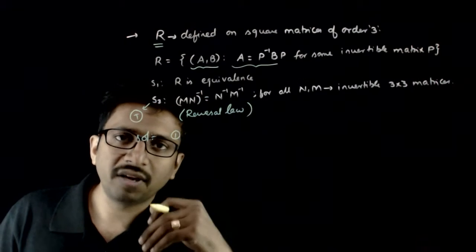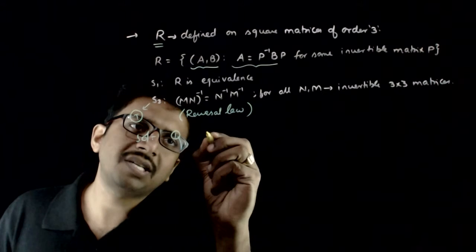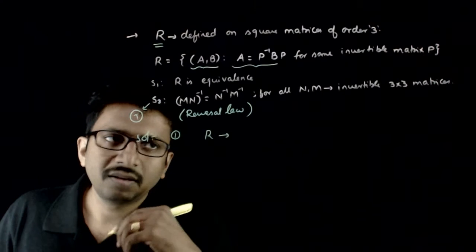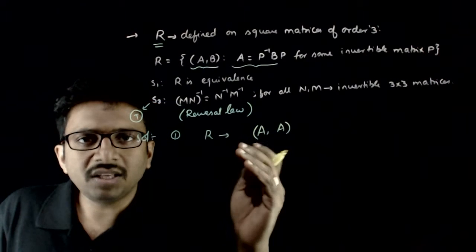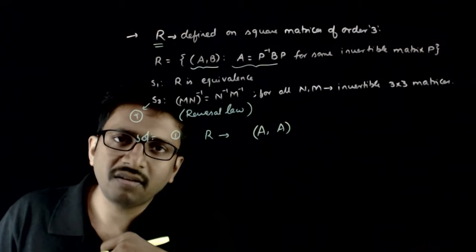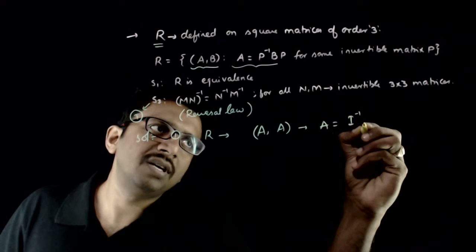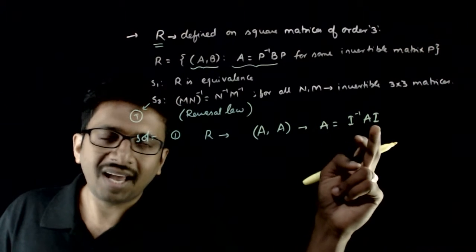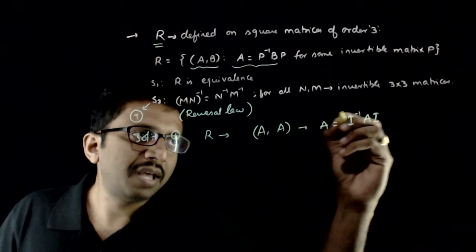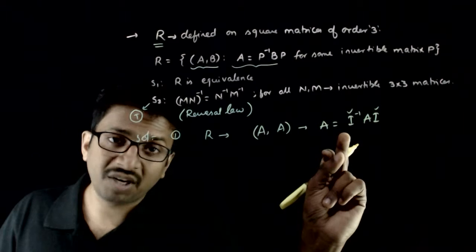So for R to be an equivalence, I need to check reflexivity, symmetry and transitivity. First let me check reflexivity. Let me take two identical matrices A. Will these two always be related by the relation R? Yes, because A can be written as I inverse AI, which will always be equal to A. So you have a matrix P equal to I, which is invertible.